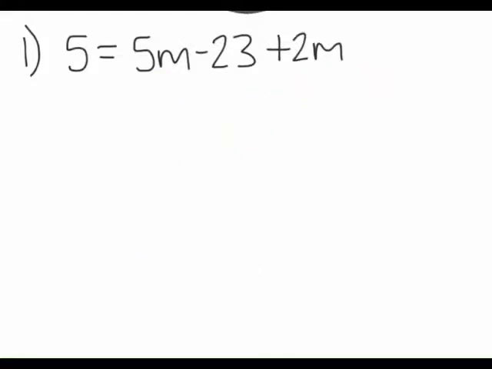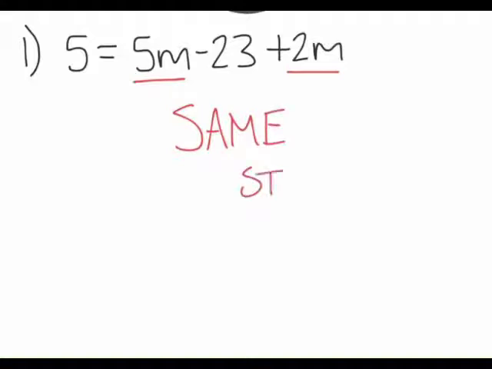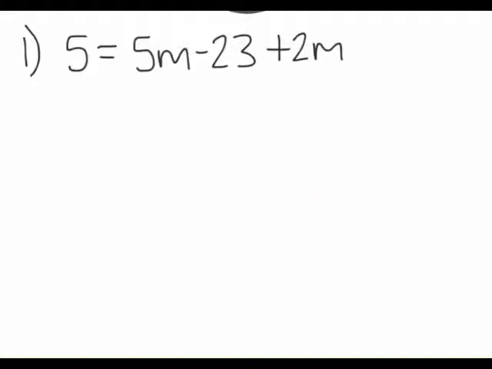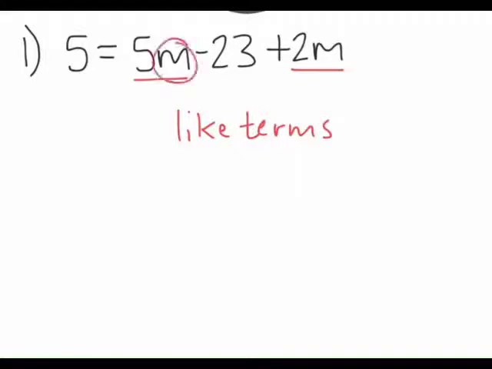Well, in this case, notice that the 5m and the 2m are on the same side of the equation. This means that we can do a little trick that you might have heard before. We can combine like terms. 5m and 2m are like terms because they both have an m raised to the first power.